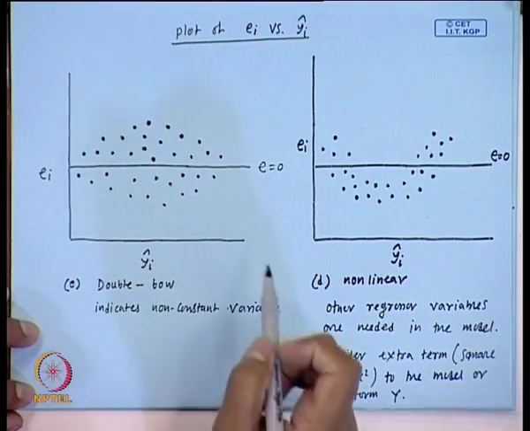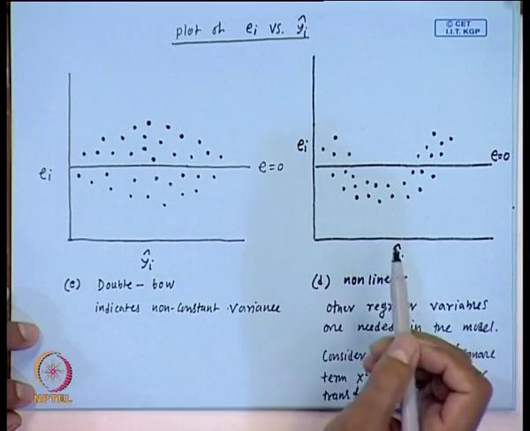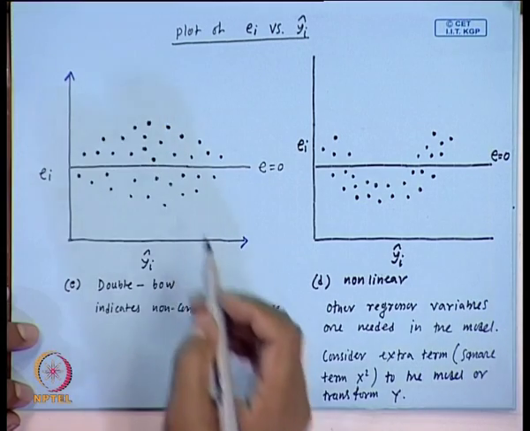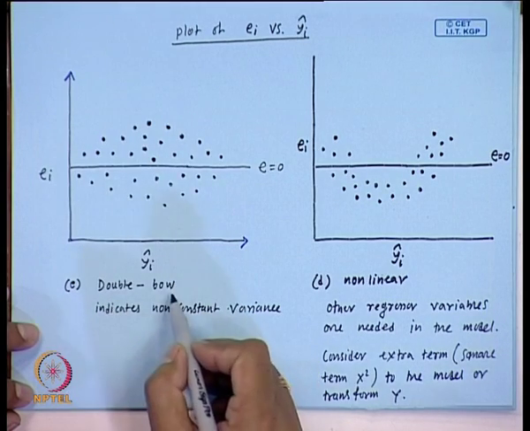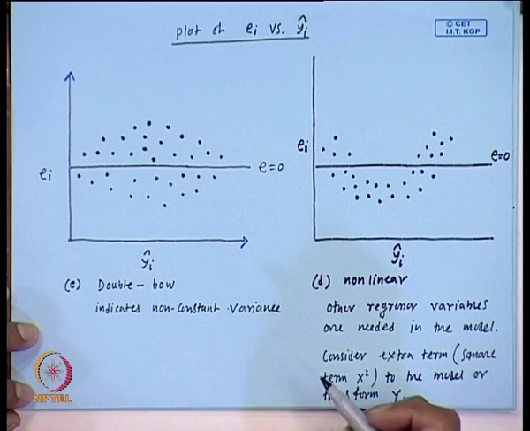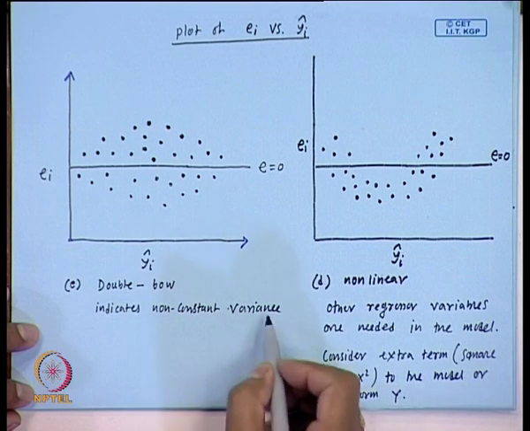Okay. Next we will talk about some more patterns. This is one more pattern. Here this is the line e equal to 0, yi hat in this direction, and this is called double bow, and this one also indicates non-constant variance.